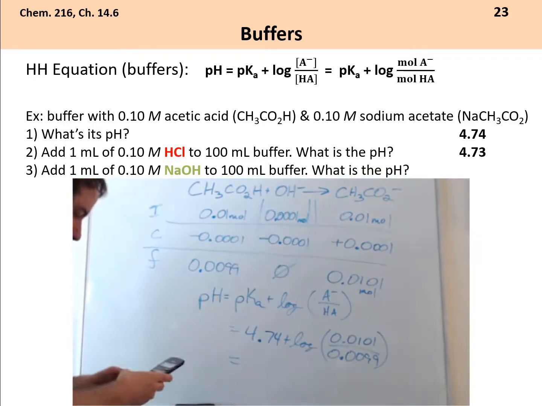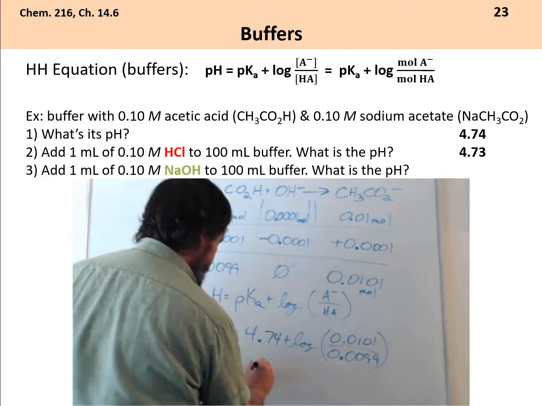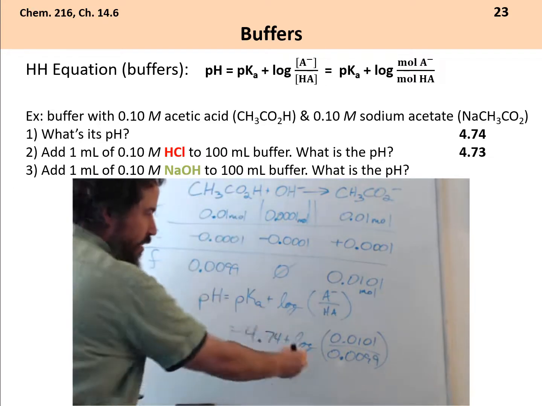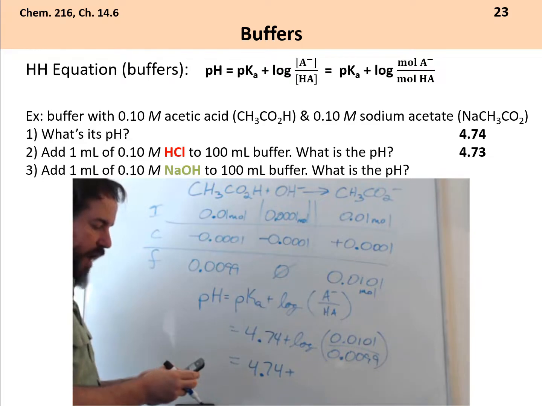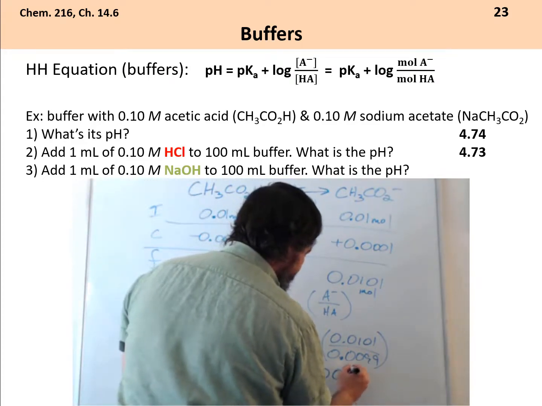That's going to be 4.74 plus, whenever I take the log of something greater than 1, it's going to give me a positive value. In this case, it will be 0.0087.